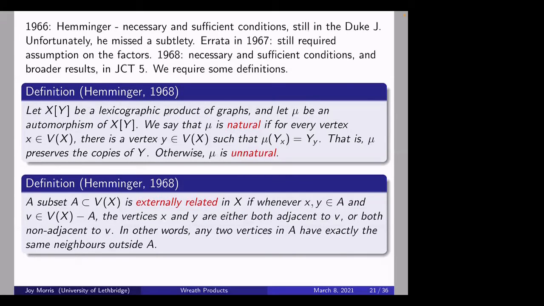So not only are twins externally related, whether they're true twins or false twins, but also, if we take any copy of Y in a lexicographic product, that is externally related because all of those vertices have exactly the same neighbors outside of Y itself.